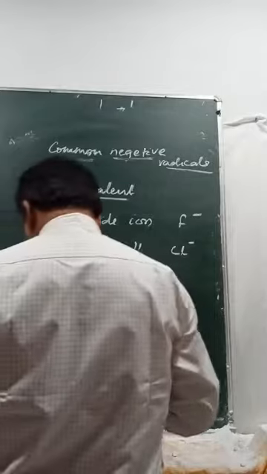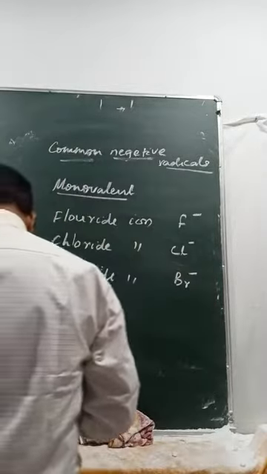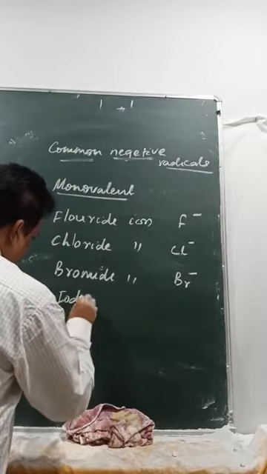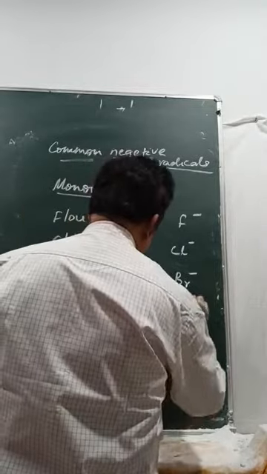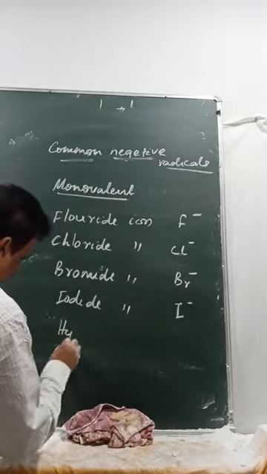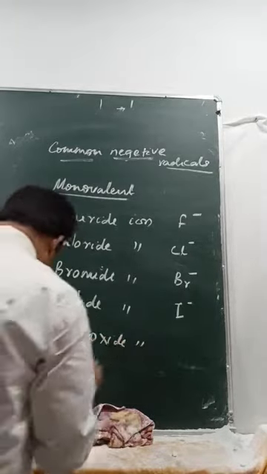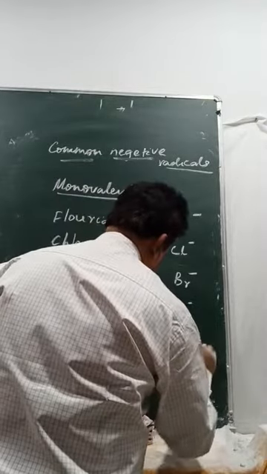Bromide, it can take one electron. So iodide, that is I minus. Then comes hydroxide, that is OH minus.